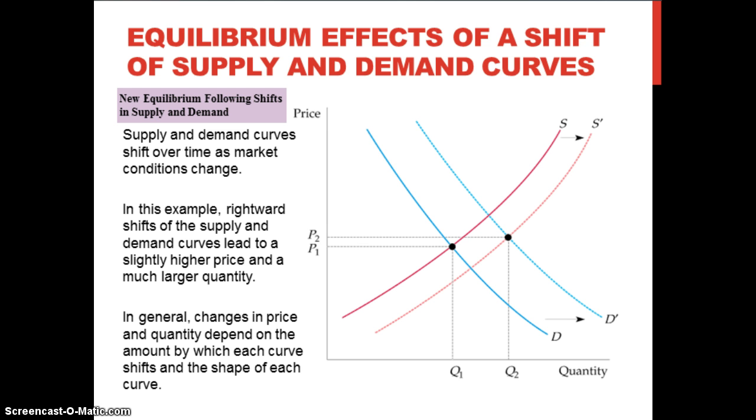And then these shifts lead to a slightly higher price and a much larger quantity. In general, when both supply and demand curves shift, changes in price and quantity depend on the amount each curve shifts and the shape of each curve.